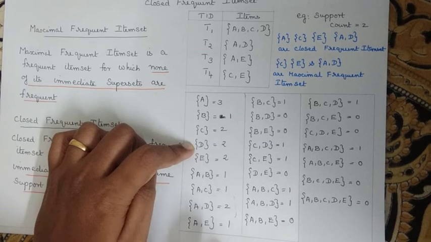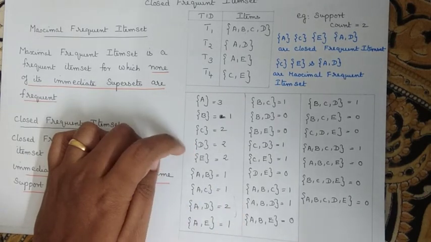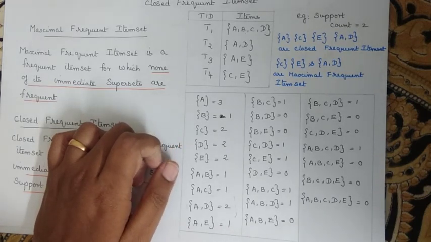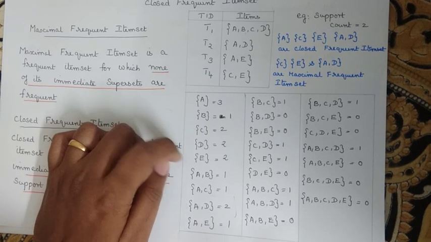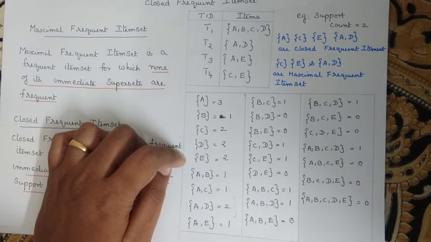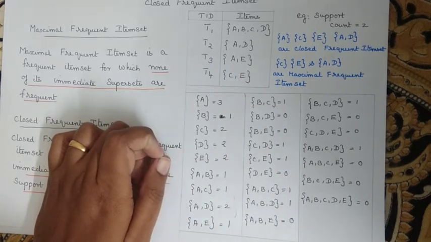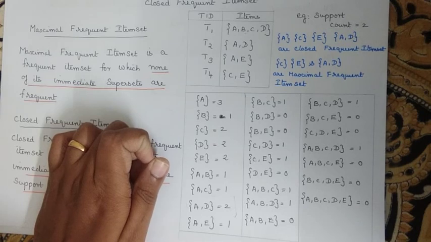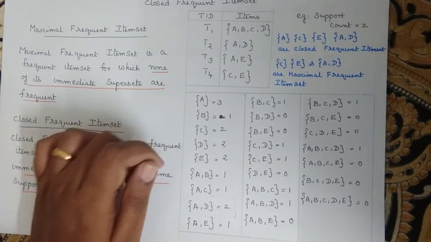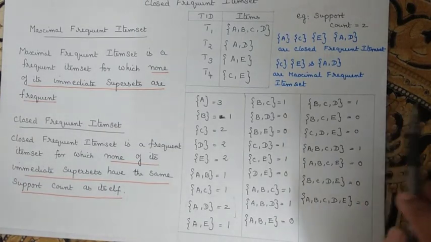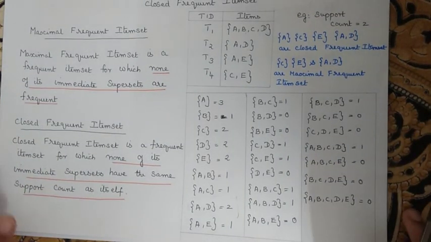When one of its immediate supersets is frequent, I can't say D is a maximal frequent item set, so I can't include D. Moving on with E, none of its immediate supersets is frequent, so I can take E as a maximal frequent item set. I do the same for all the other sets, and I find that C, E and AD are maximal frequent item sets.